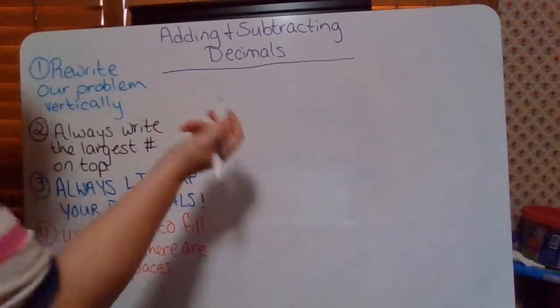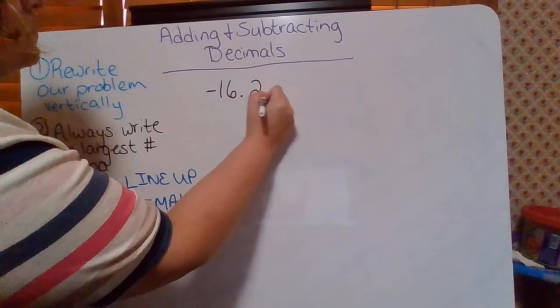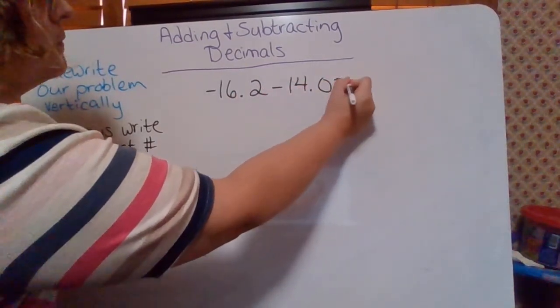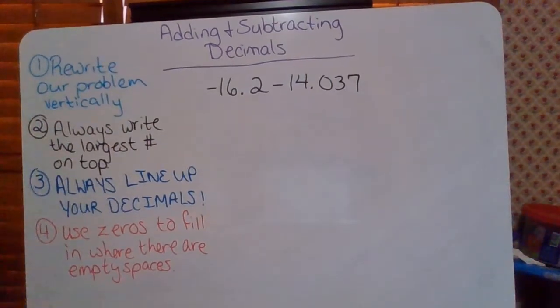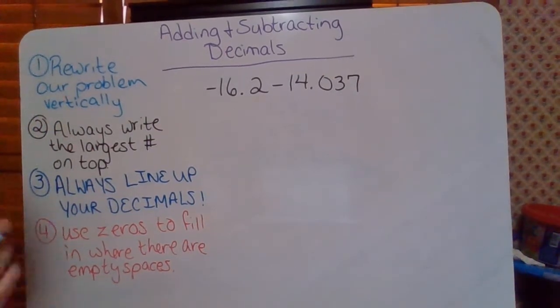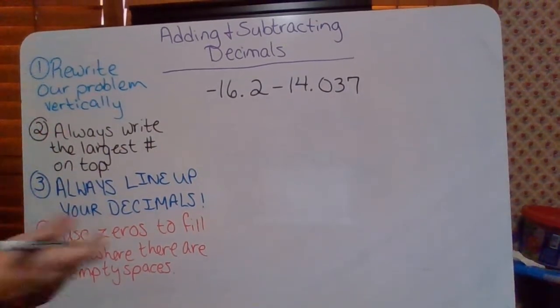All right, let's say that I gave you this. Are my signs the same? Yes. So what am I actually going to do? Here I'm actually going to add, aren't I? But my answer is going to be what? My answer is going to be negative.